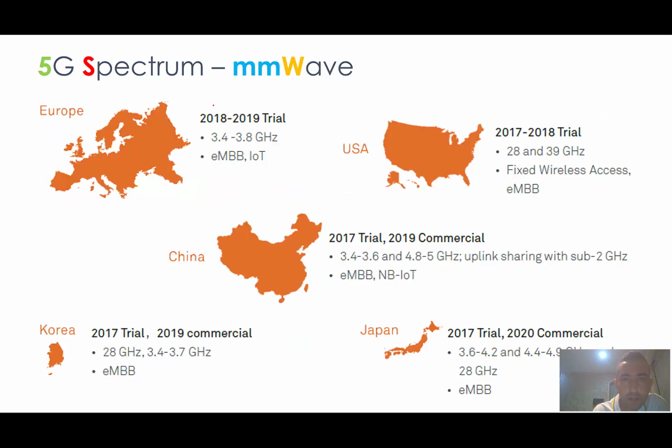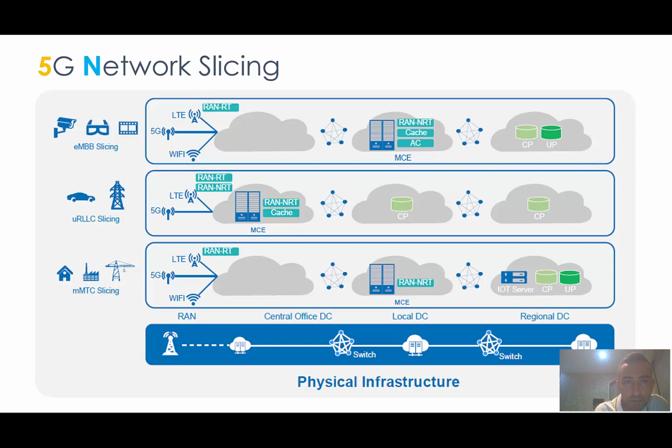Okay, and here is an example of the 5G spectrum and the strategies of many regions in the world. For example, in Europe and other countries, you can see that some countries just focused on the middle bandwidth, but some others also on the high bandwidth for some specific eMBB purposes.